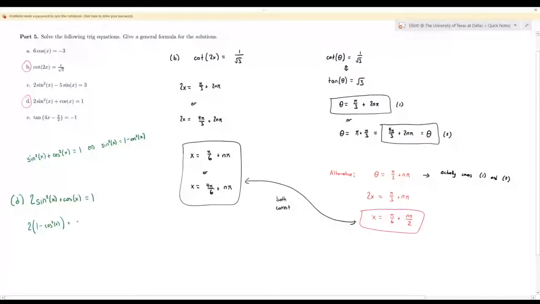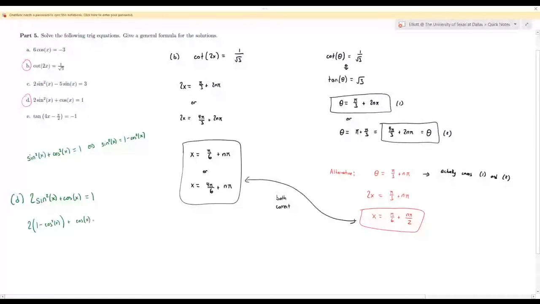And the thought process for doing that is that now this equation is solely in terms of cosine, which will be a little bit easier to work with since it only involves cosine rather than involving both sine and cosine.